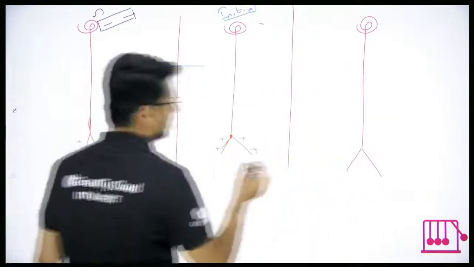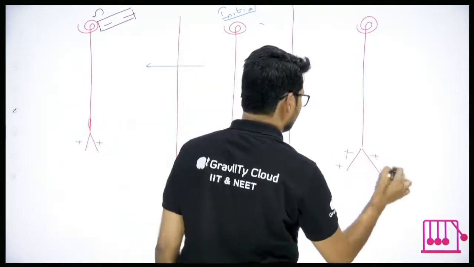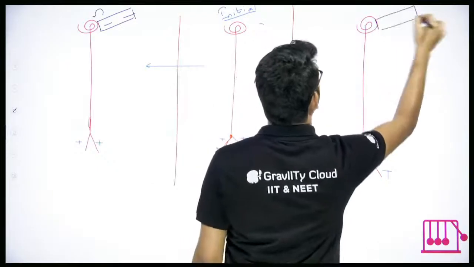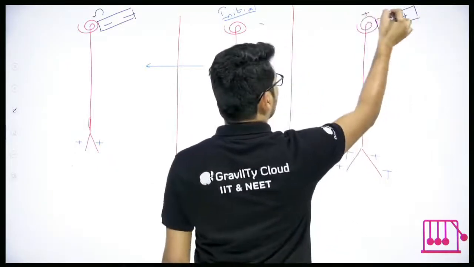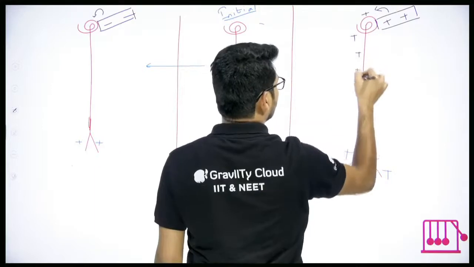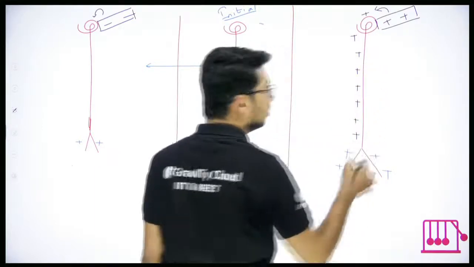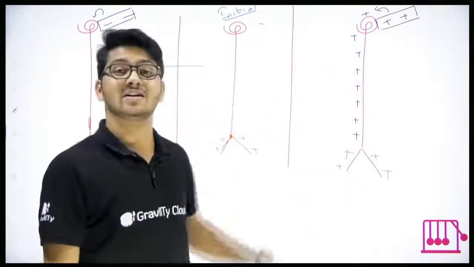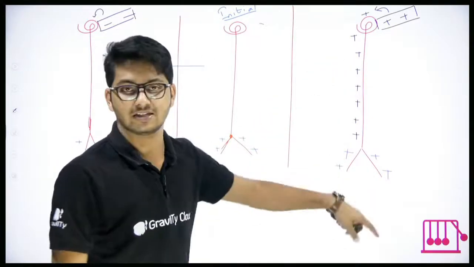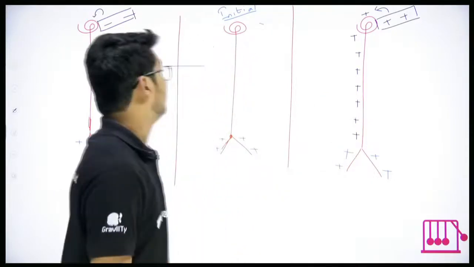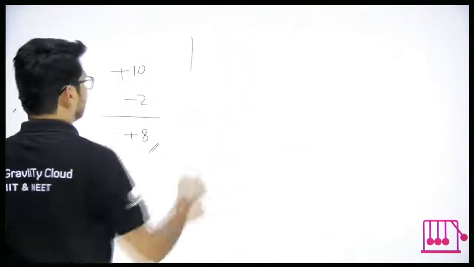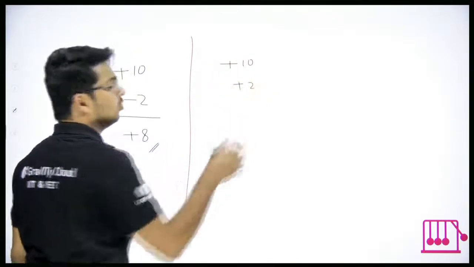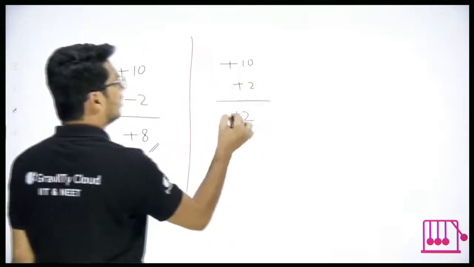If it had been positive, there are already positive charges, more positive charges are coming. If I take the same example, plus 10 was already there, and I add 2 more, it becomes 12.